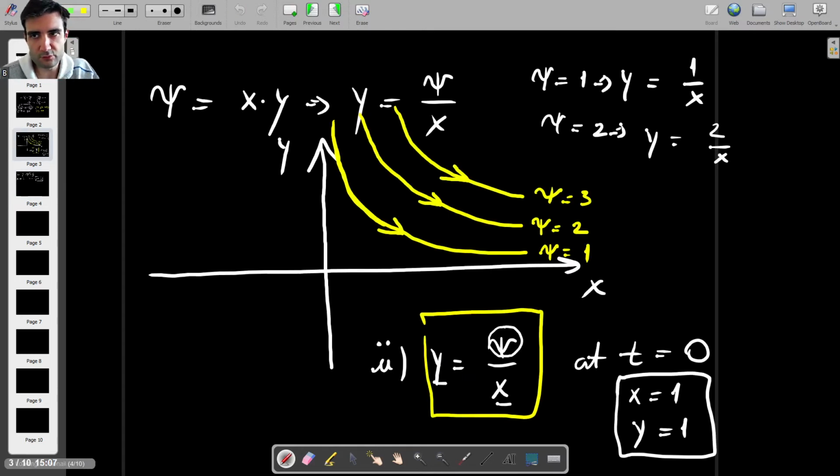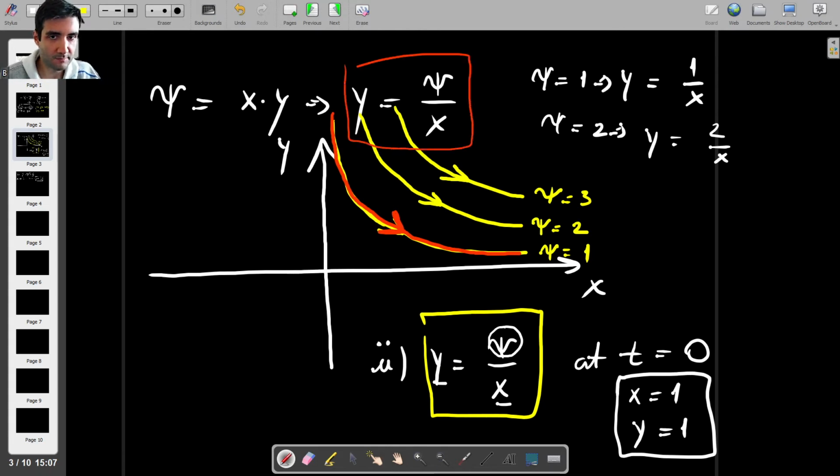Which means that specifically for part 2 of the question, the answer is given to us by this streamline. So any streamline is a solution to the general equation, which is this, but for the particular initial condition that we have in part 2, it's only this streamline, which has a stream function equal to 1.